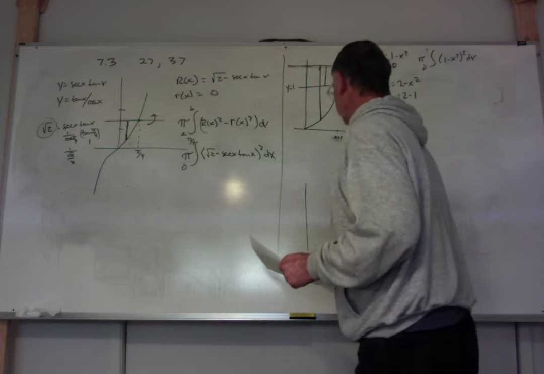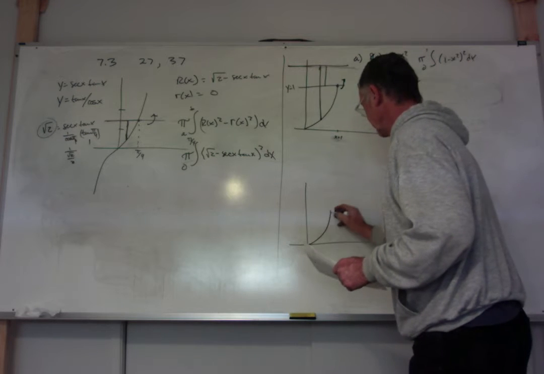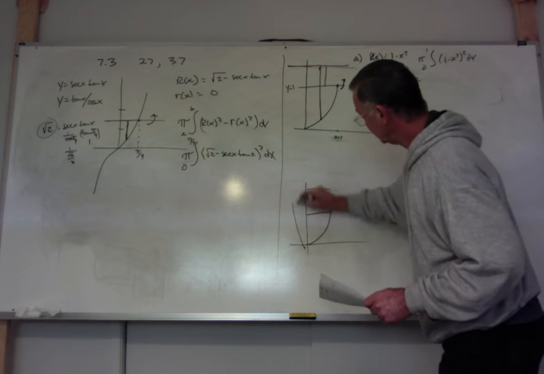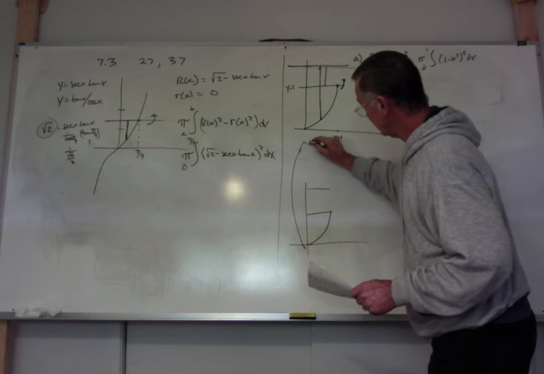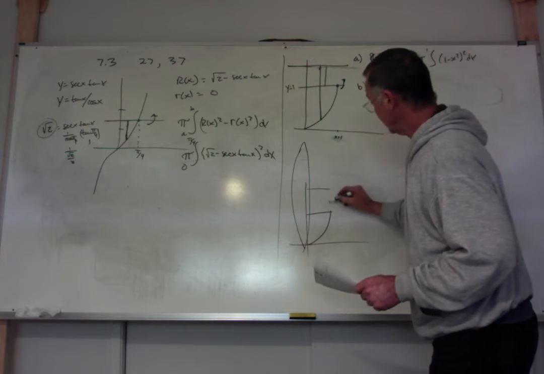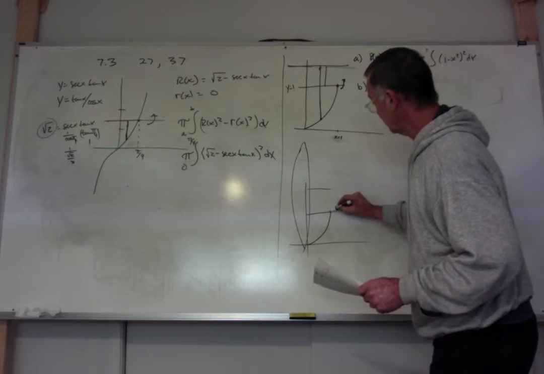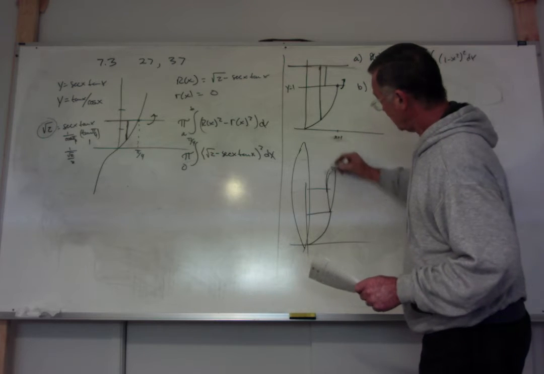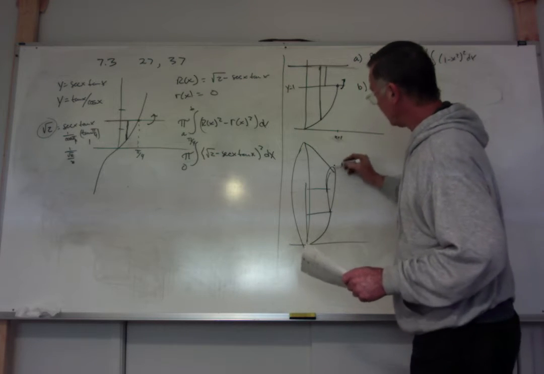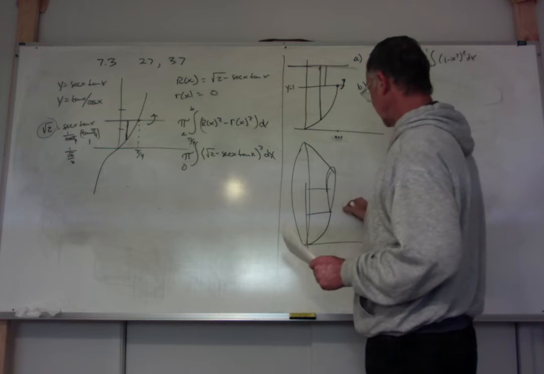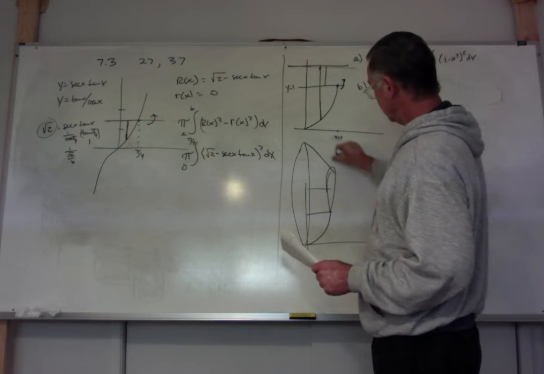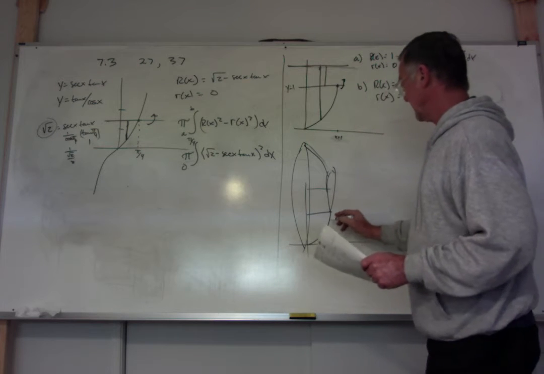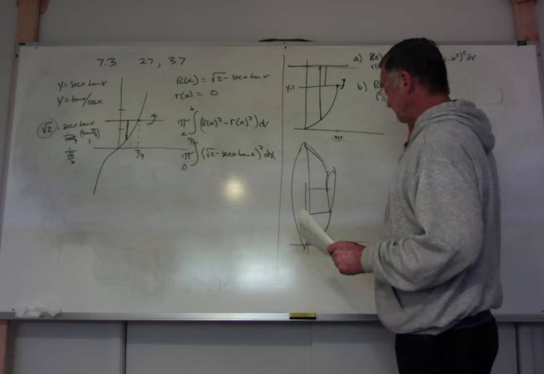I should have drawn this out so we could see it better, but if we're revolving here, what we're doing is taking something that looks like that and something here that looks like that, and we are cutting out of the inside of that. We're cutting out the center part of it.